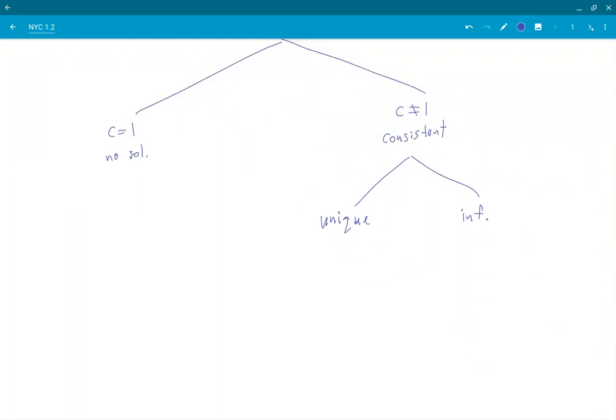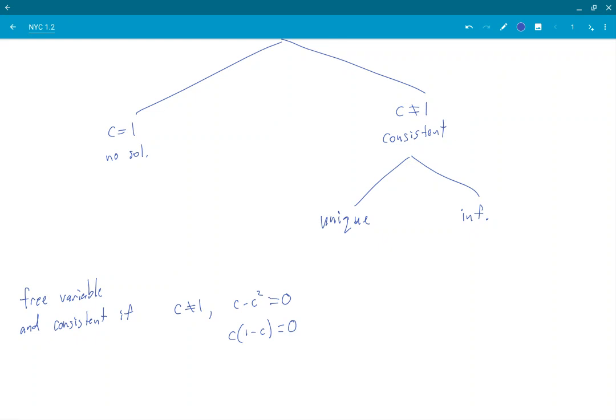So let's write that down. So free variable and consistent if C is not equal to 1 and C minus C squared is equal to 0. So if I can factor that, right, C times 1 minus C is equal to 0.